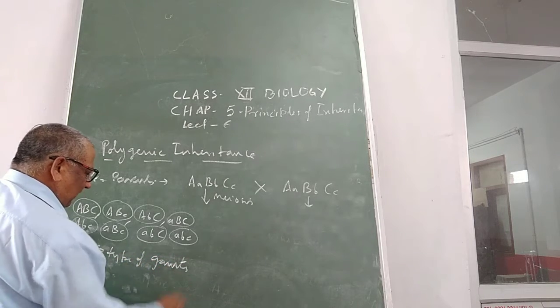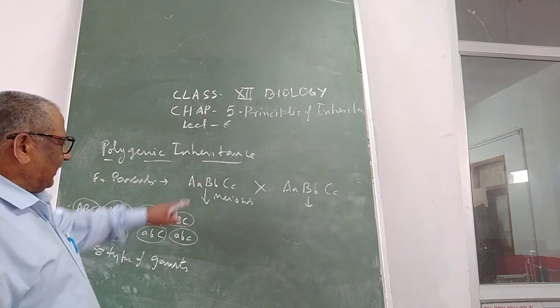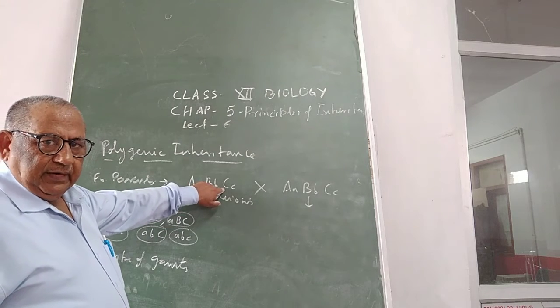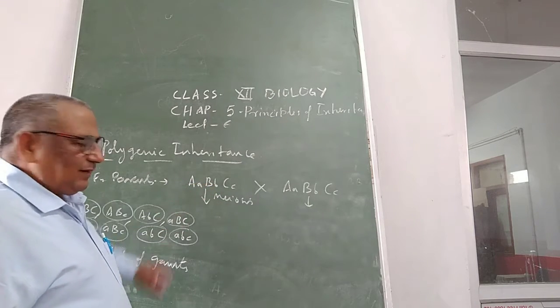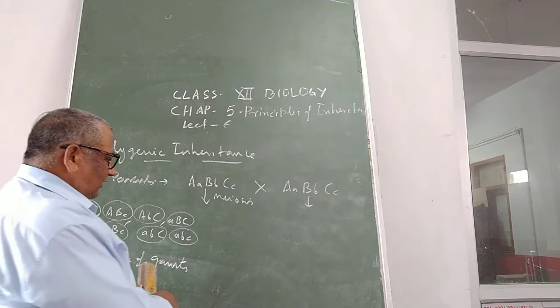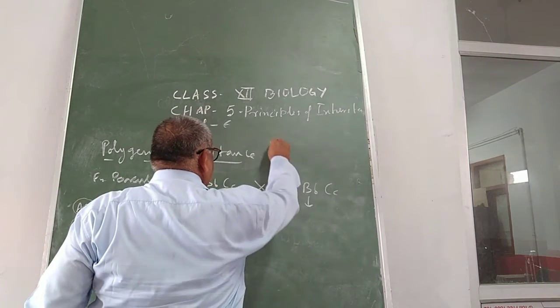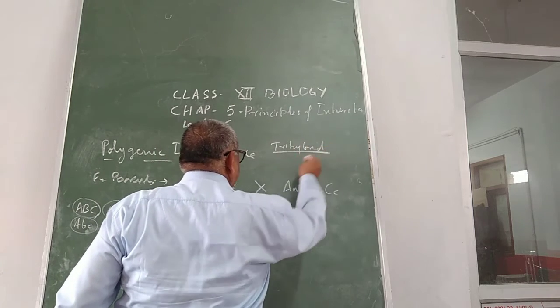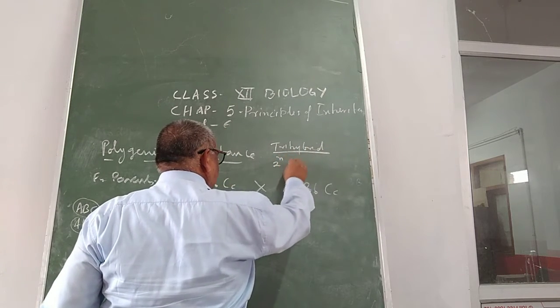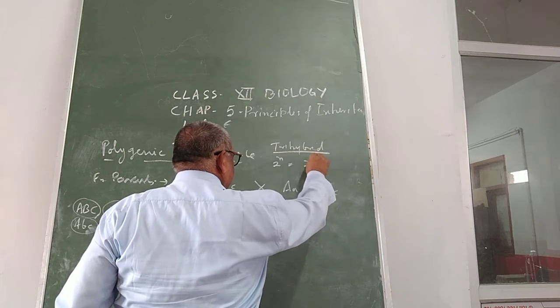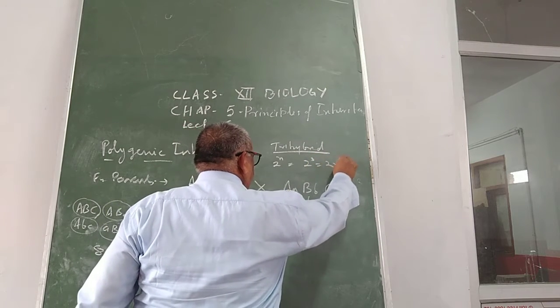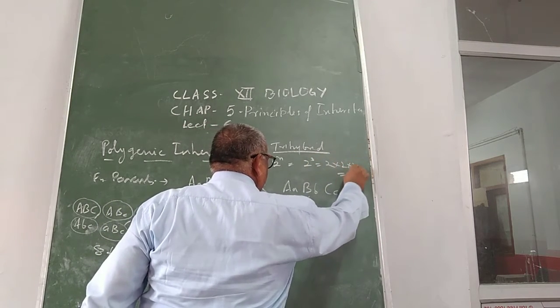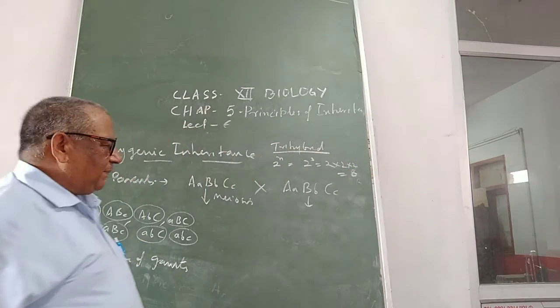You already know why: because 3 genes are taking part. If 3 genes are taking part, it means a trihybrid cross, which means 2 to the power n, which is 2 to the power 3, equal to 2 into 2 into 2, equal to 8. So 8 types of gametes.